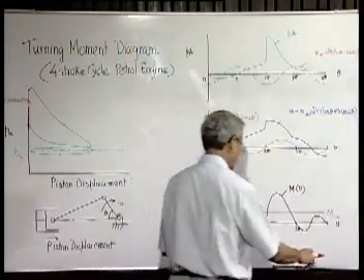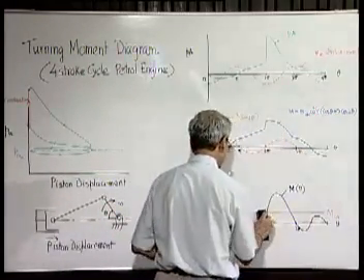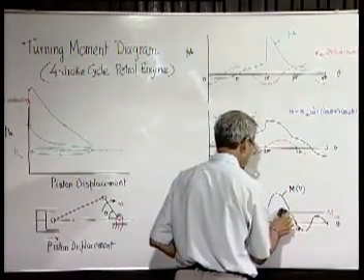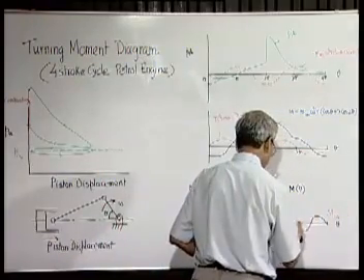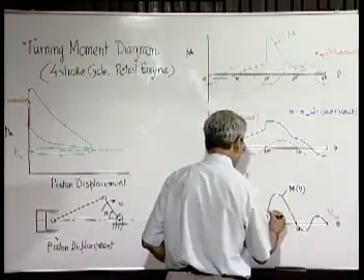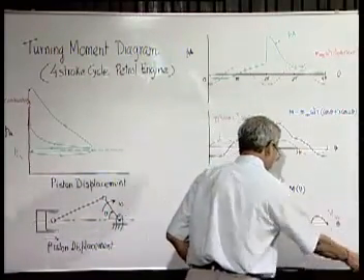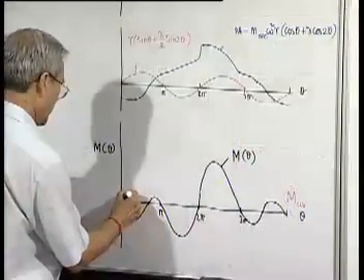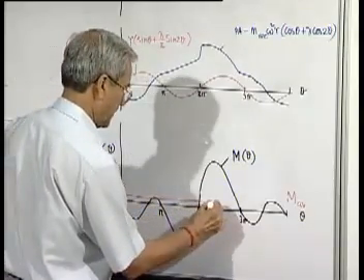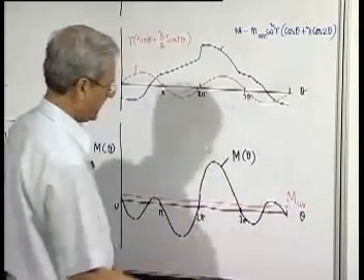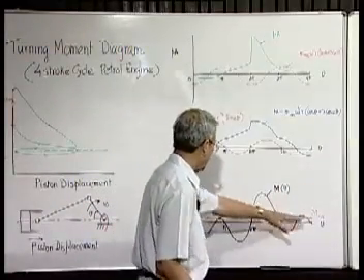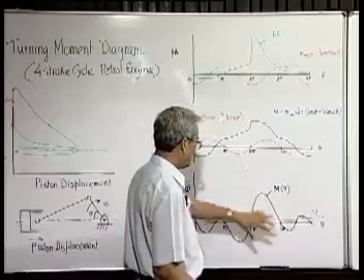Or if you think it is slightly on the higher side, perhaps it will be somewhere here. That means the total area bounded by the black curve and the red line above and below will be the same.